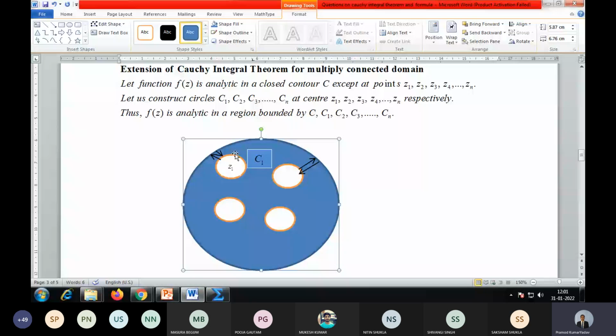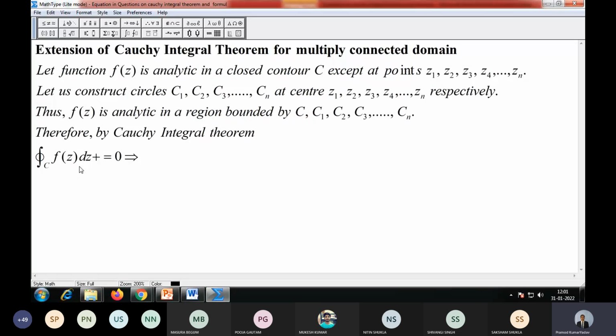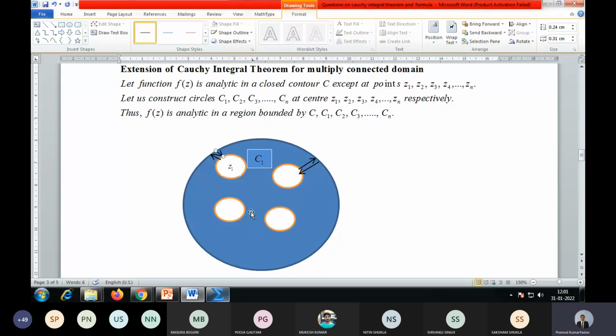But before that, suppose this is AB. So we may use the integration over AB of f(z) dz, plus the integration in place of AB in the reverse direction.